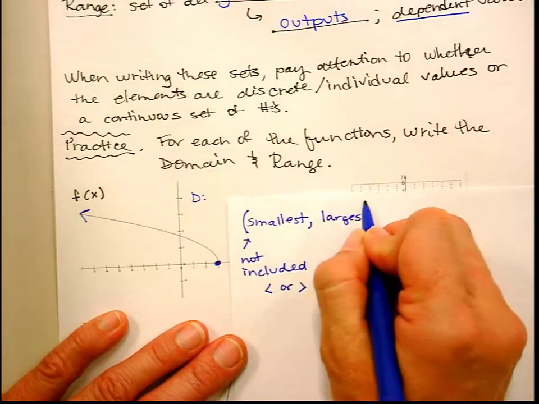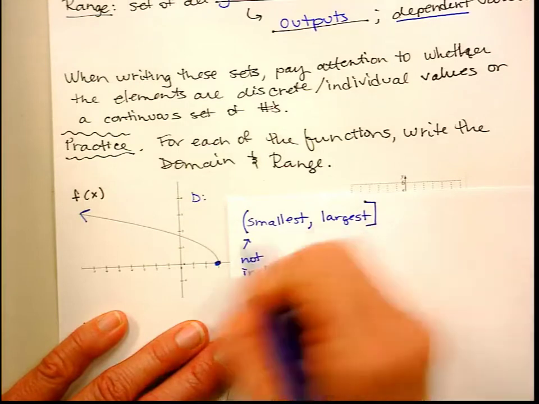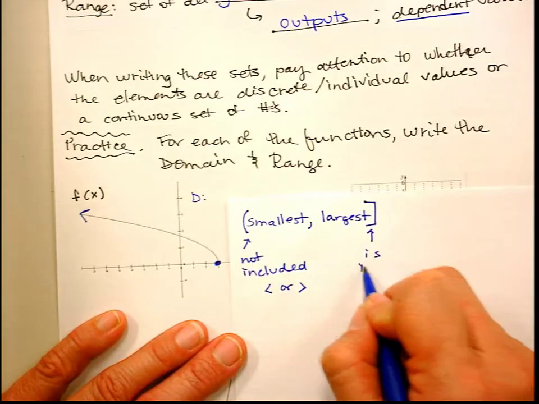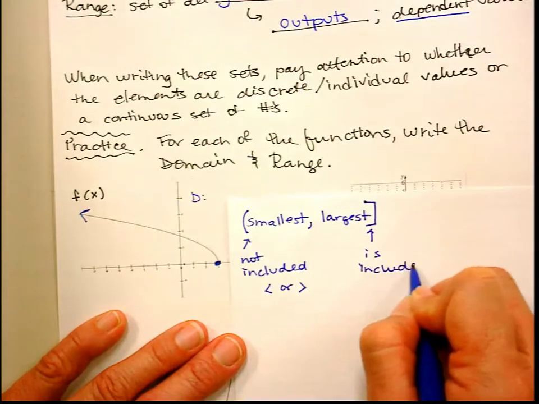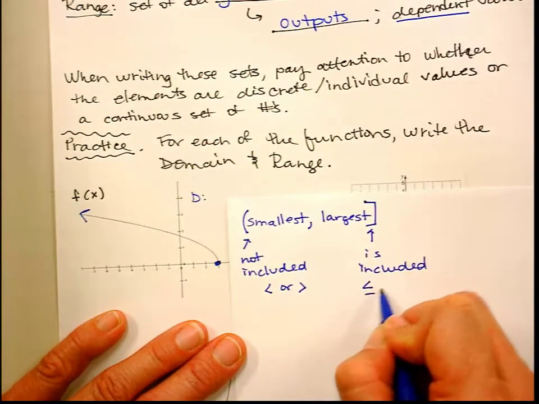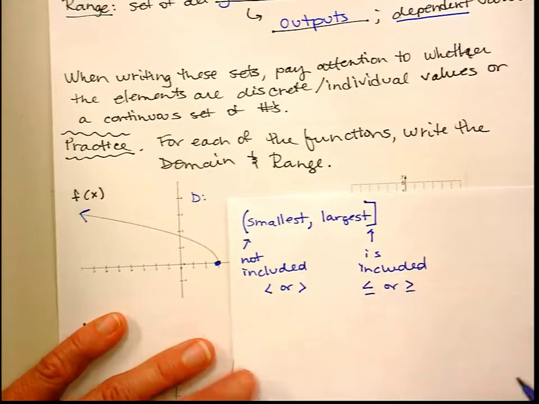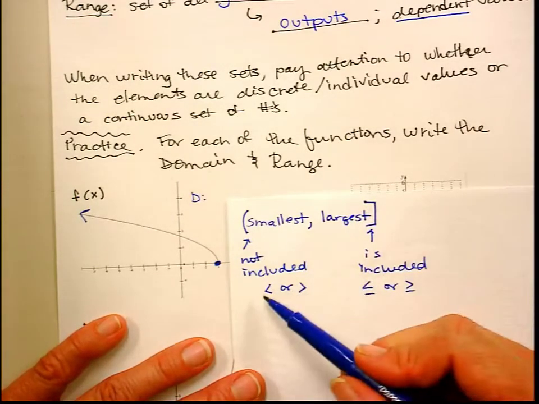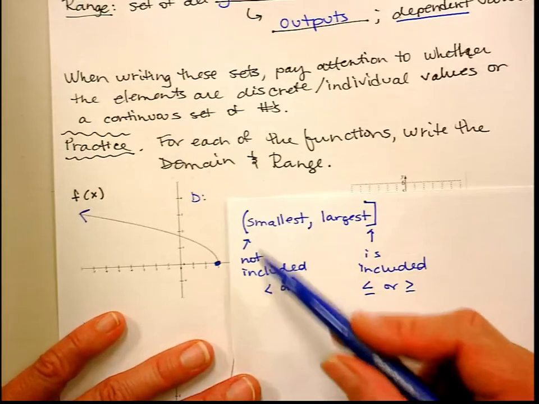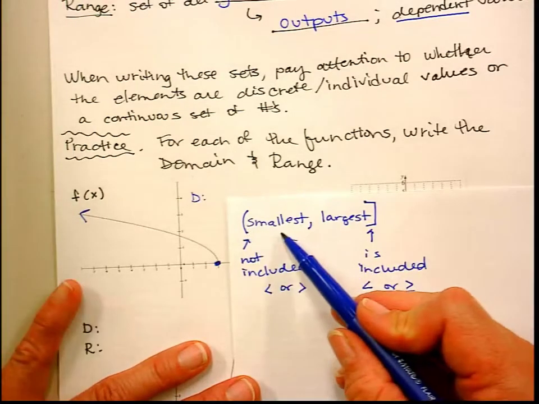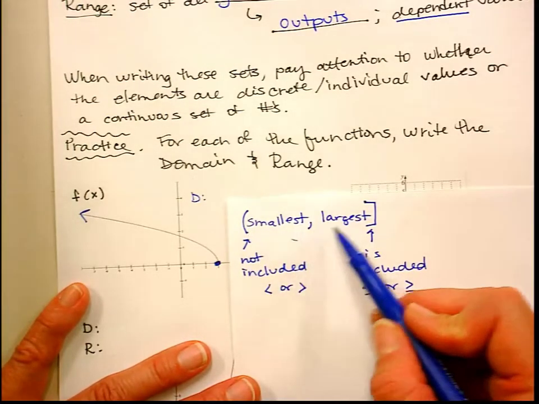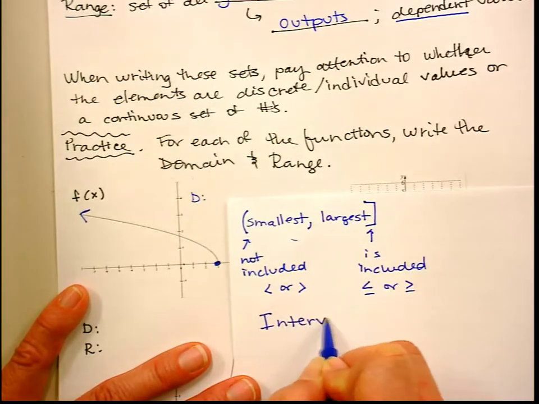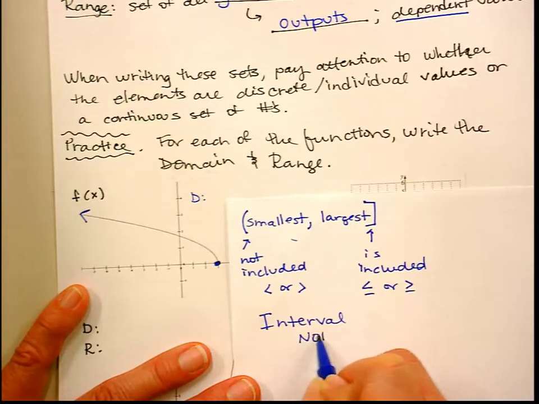If there's a bracket on either side, that means it is included, so a less than or equal to or a greater than or equal to. If you just have a less than or a greater than, it gets a parenthesis. It's always from the smallest, meaning furthest to the left, to the largest. This is interval notation.